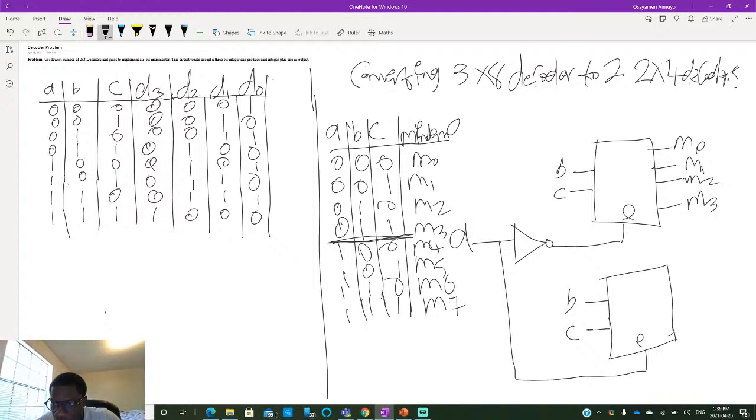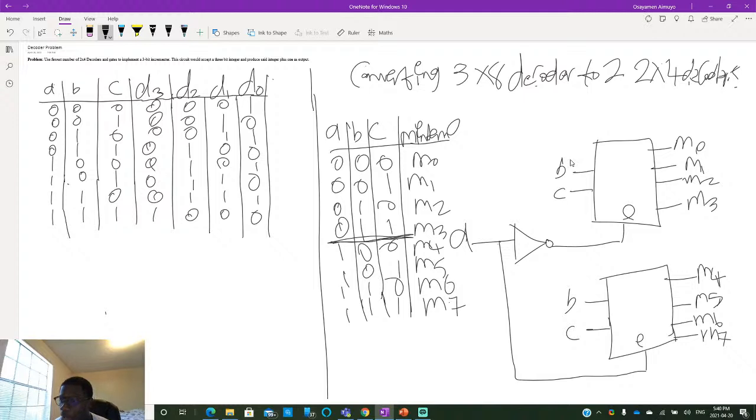And then the second decoder should give us the last four minterms: M4, M5, M6, and M7. So basically, instead of using a 3x8 decoder, you can use two 2x4 decoders.